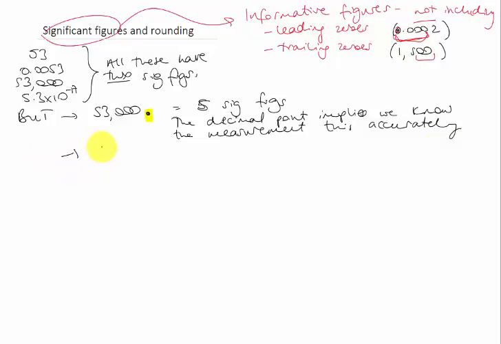And similar thing, if I was to write 53,000.0, so this is the important bit here, so that has 6 significant figures now.